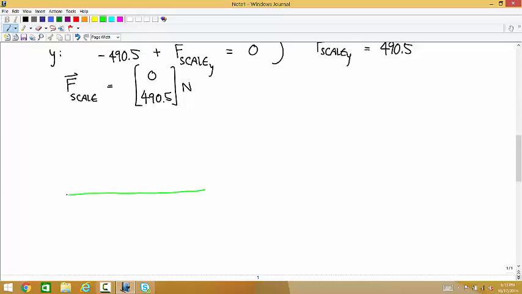So if this is the coordinate system, this is the x-axis, y-axis, and in this coordinate system, if we plot this as a point, we go 0 x, positive 490.5 y, and then we draw the head there and the tail at the origin.